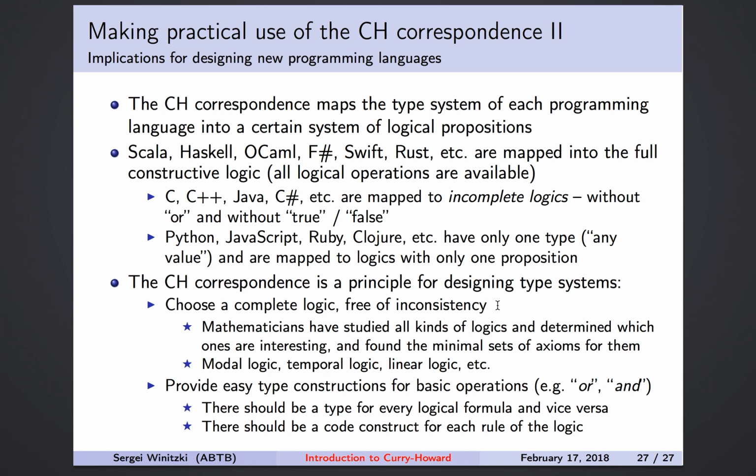An inconsistent type means that you had a function that requires some type A, but it was called with a different type B, which is incompatible, and that basically crashes. So in languages like C and C++, we have all kinds of crashes, like a segmentation fault. In Java, there are exceptions, null pointer exception, or class cast exception, which happens when you call a function on a wrong type of argument.